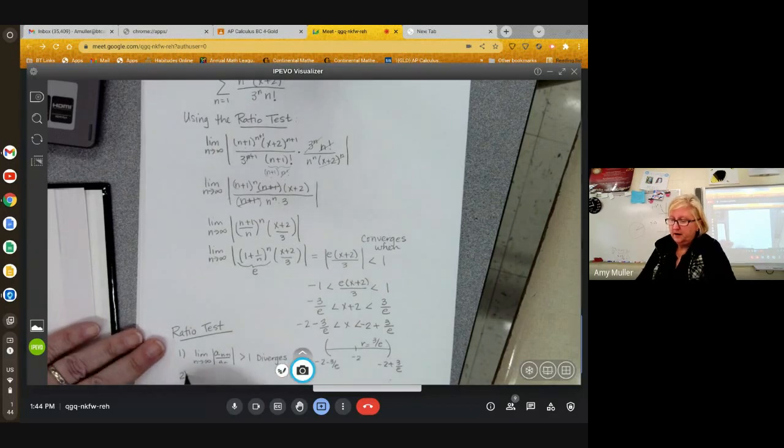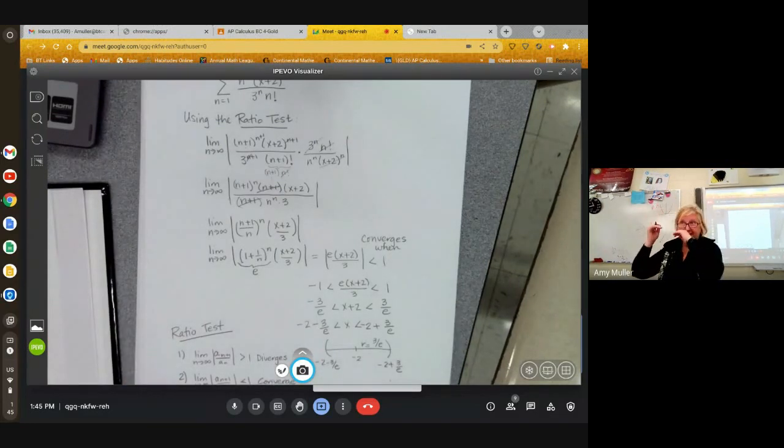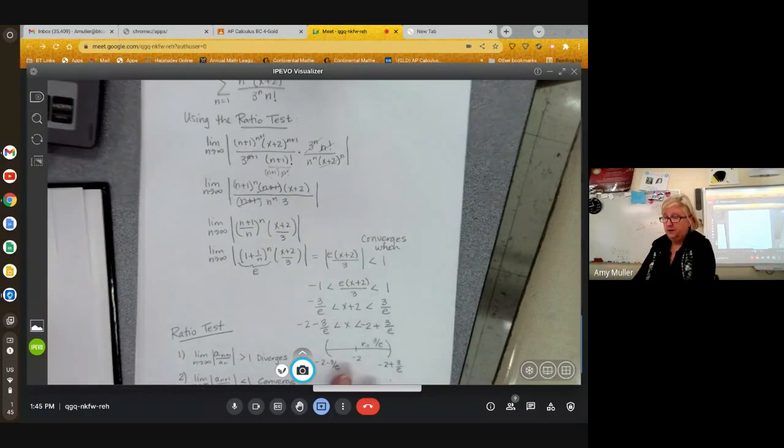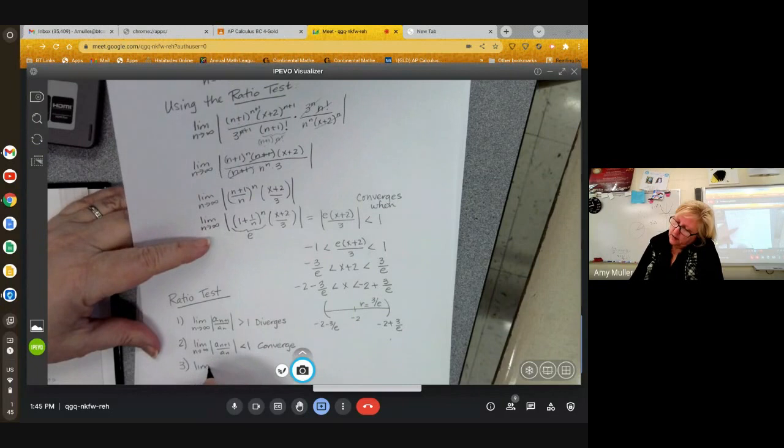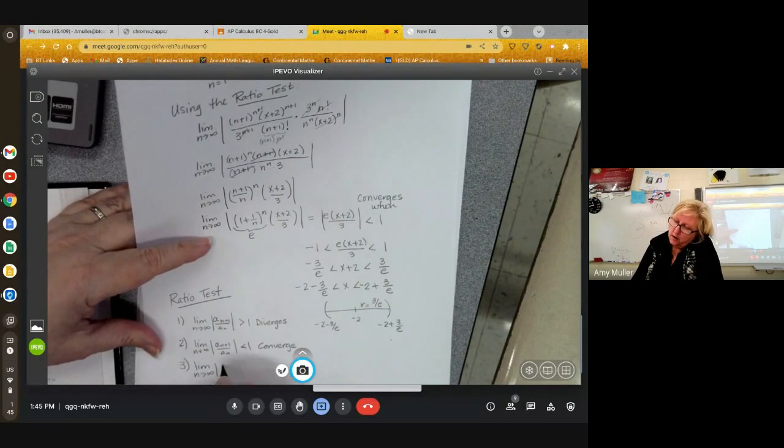The second possibility is the limit as n goes to infinity of a sub n plus 1 over a sub n is less than 1, it converges. That's because then it behaves geometrically, like the geometric series. Our r has to be less than 1 for it to converge. And then the third possibility is the one that we don't like because we did all the hard work.